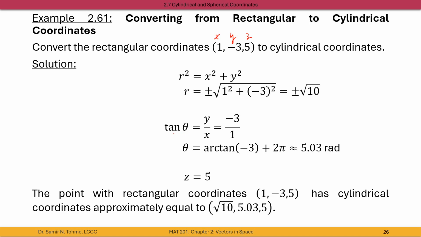For theta, tangent theta is opposite over adjacent, which is y over x. Just replace their values and calculate the angle theta. Now for z equal to 5, in both rectangular and cylindrical coordinates, they are the same.